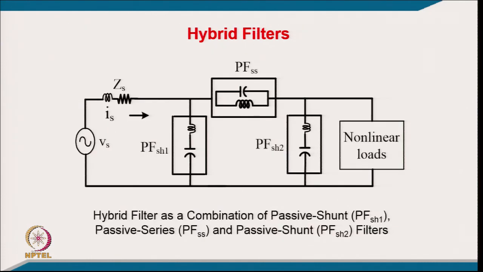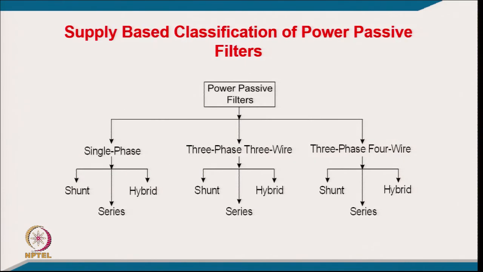But you can understand the major limitation of this: you have a lot of components. Here it is shown symbolically, but you might have a lot of components in this tuned filter, in this tuned filter, as well as in the series filter. So the number of components, even for single phase, will be reasonably high, because you have to connect at least a high pass in these filters also.